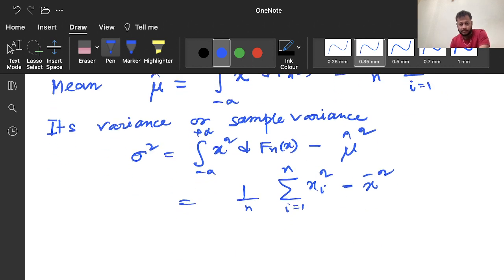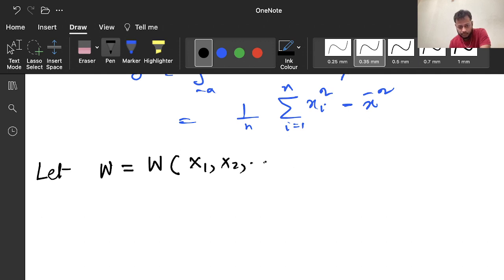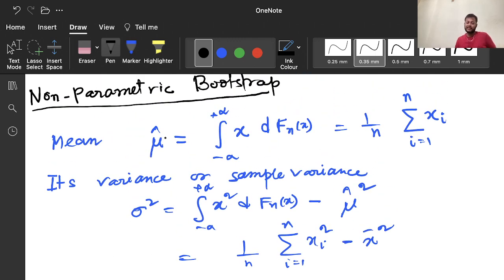Now another thing we want to discuss: let W be a function of x1, x2, ..., xn. As we have written the sample mean and sample variance, which are functions of these random variables, suppose that W is similar, a kind of random variable which is also a function of these random variables.